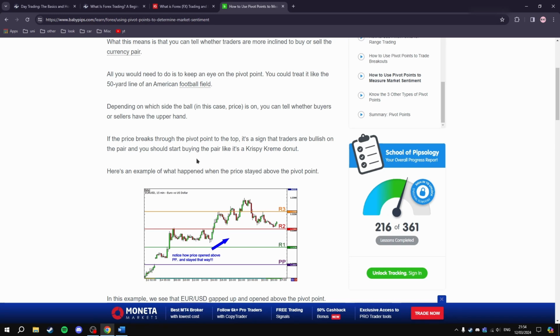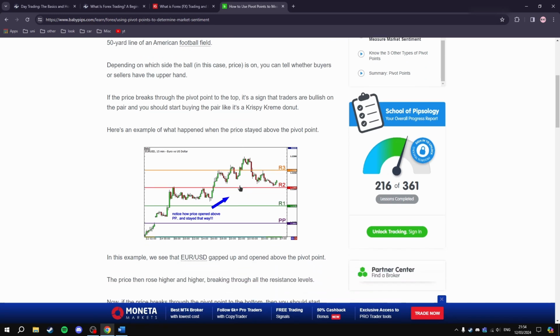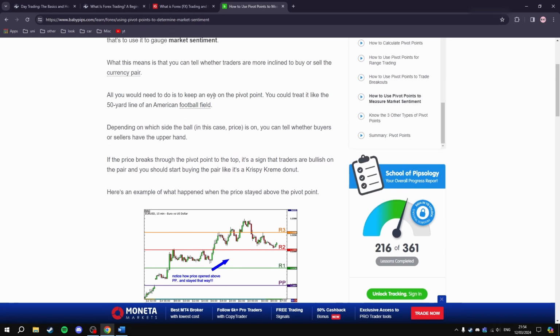Here's an example of what happened when the price stayed above the pivot point.